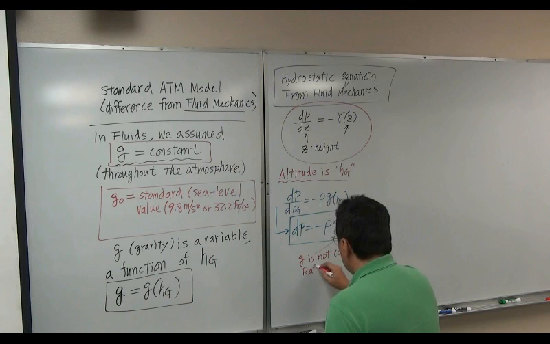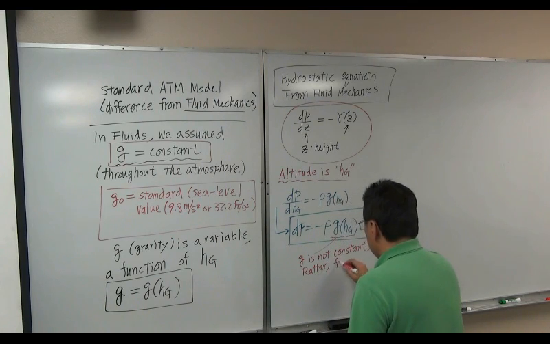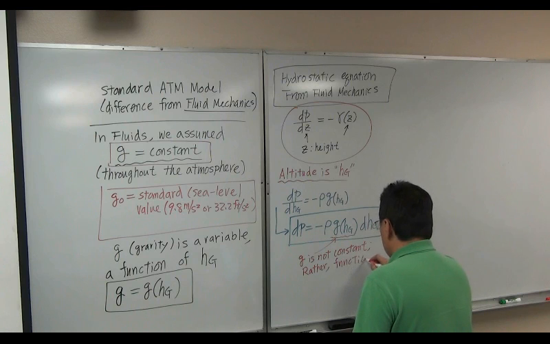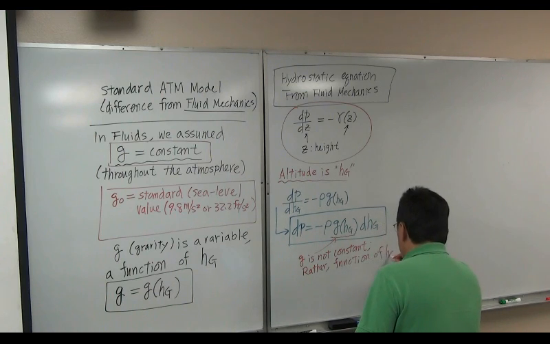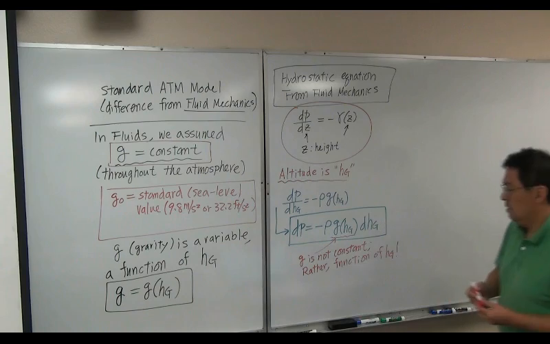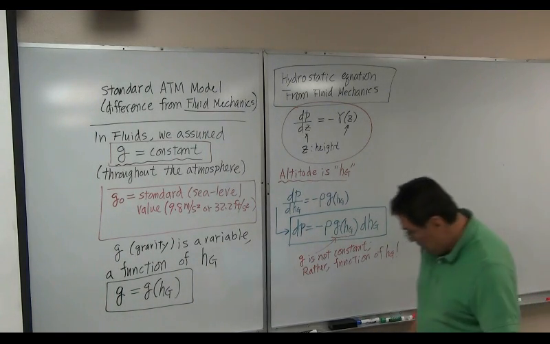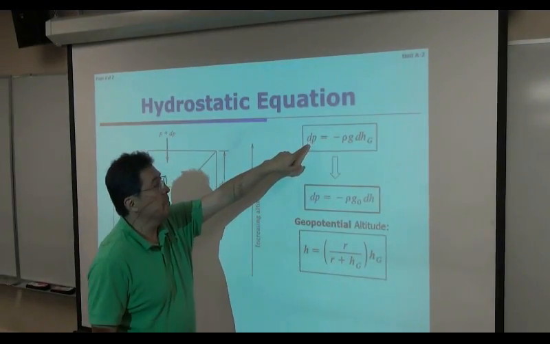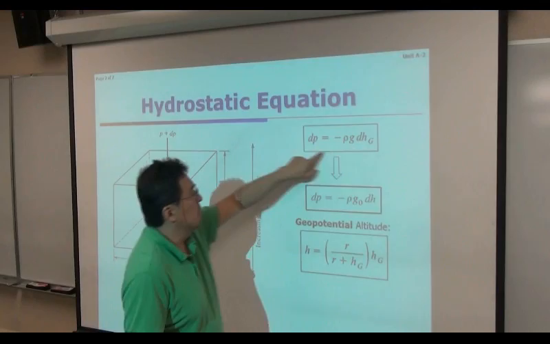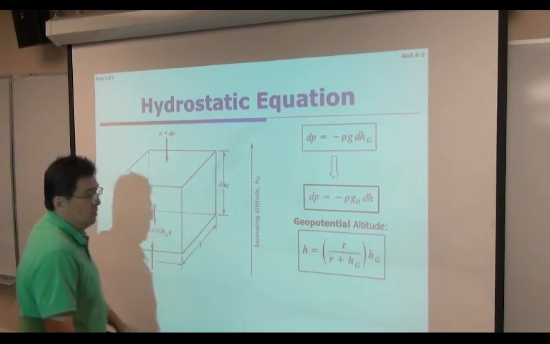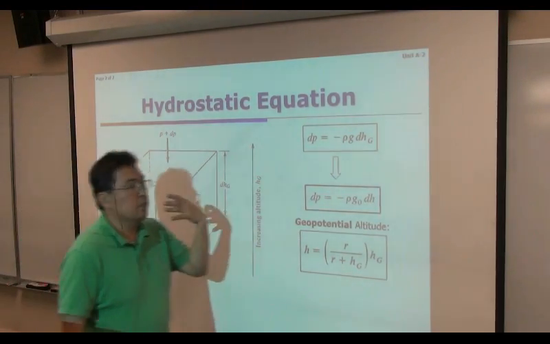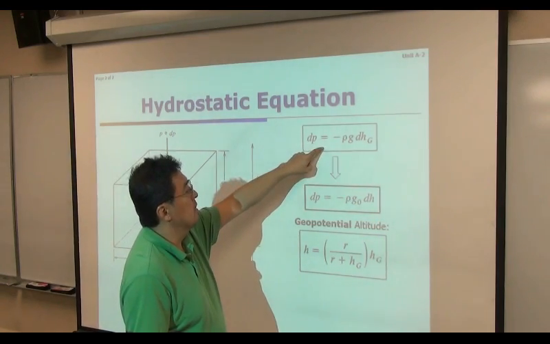Rather, it is a function of hg. That's what this equation tells you. So that's exactly the same equation you see here. This is the hydrostatic equation, coming straight out of fluid mechanics.